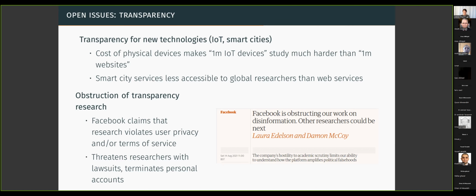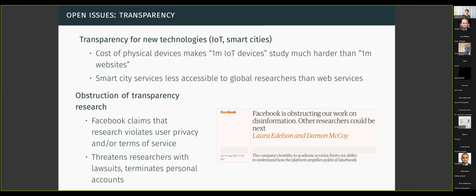So this is a tactic used by big tech companies because they have a lot of resources, money to pay lawyers with, and so on, which tries to prevent research into them from happening.